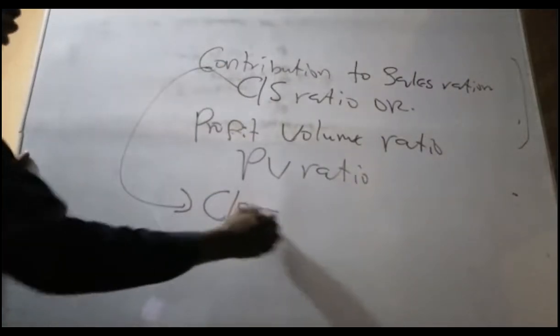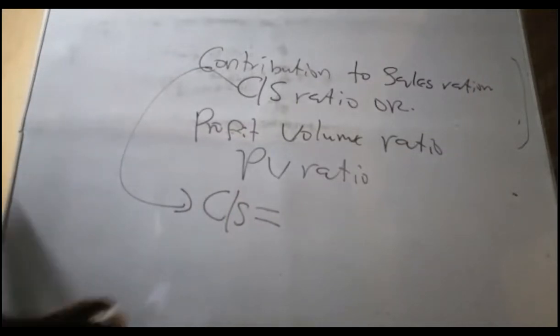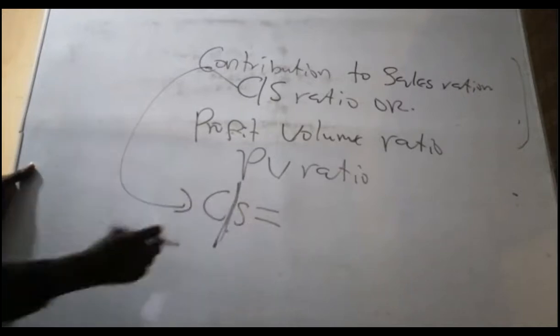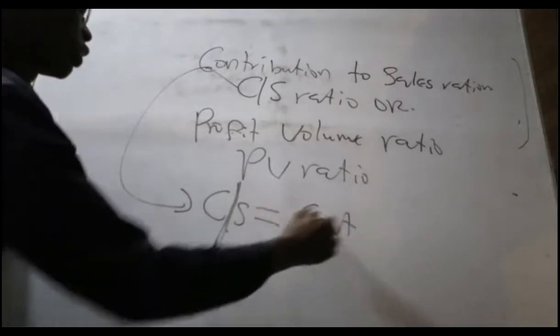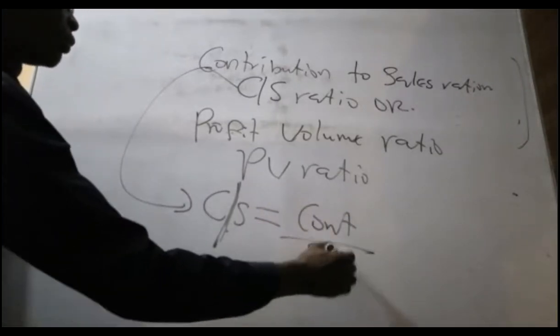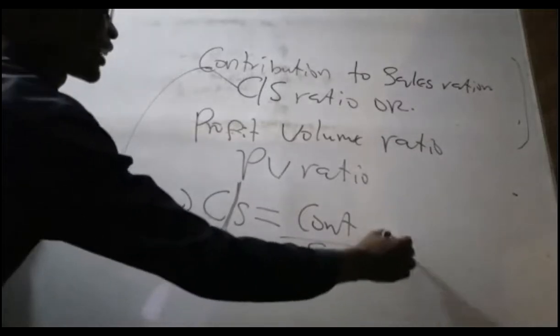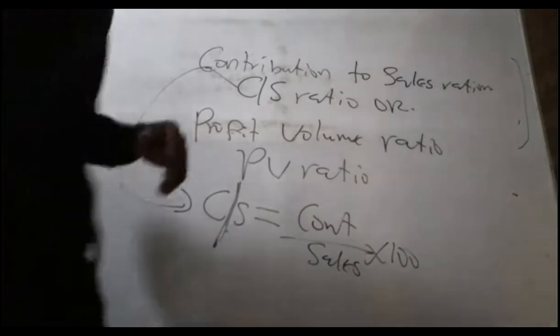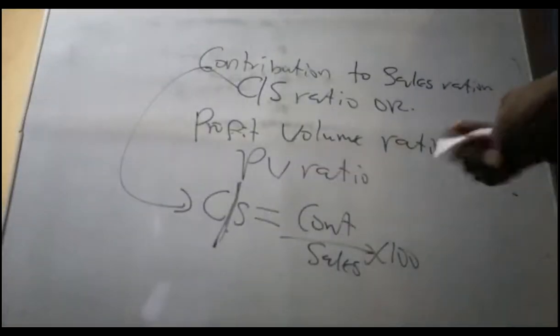Let's move it from this angle. CS ratio, what will be the formula? It is contribution to sales. So then it should be the contribution over sales times 100. That's the CS ratio. Please and please again, you can have contribution per unit.